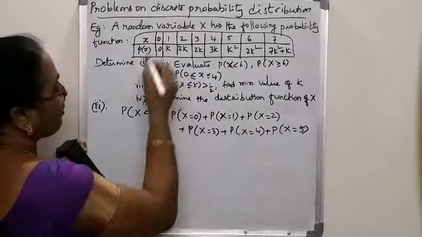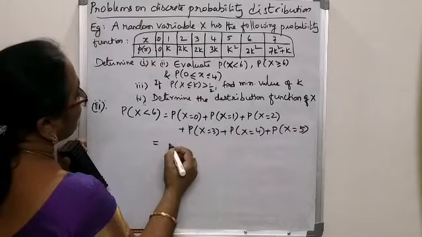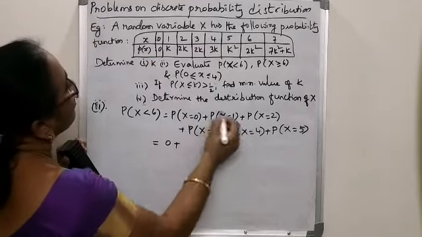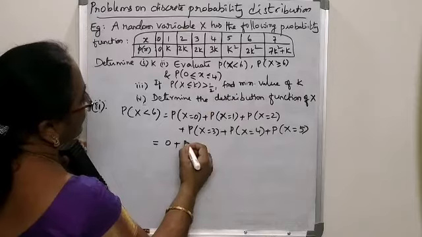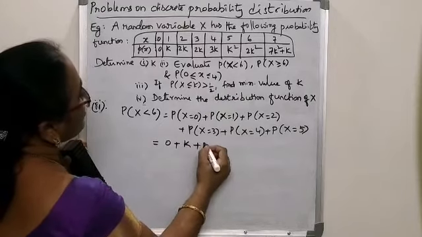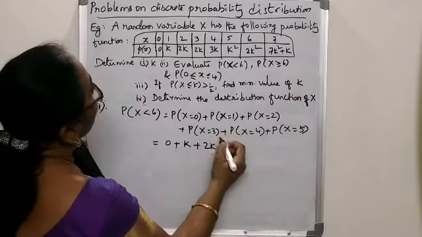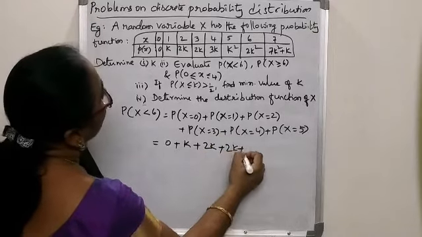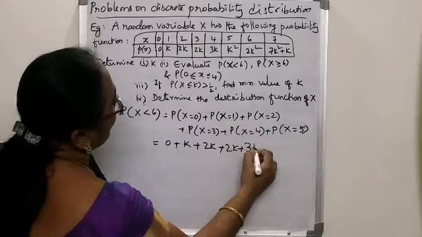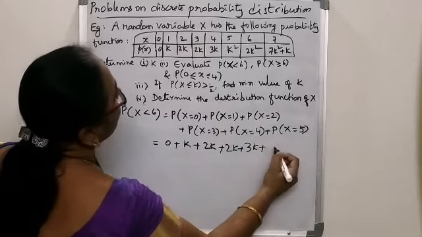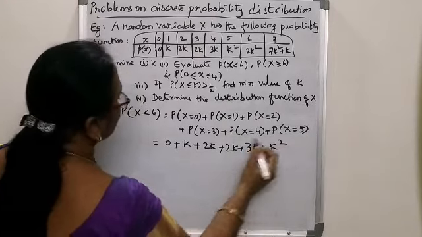And that we can write from the table. P of x equal to 0 is 0. For x equal to 1 it is k. For x equal to 2 we have 2k. For x equal to 3 we have 2k. For x equal to 4 we have 3k. For x equal to 5 we have k square.